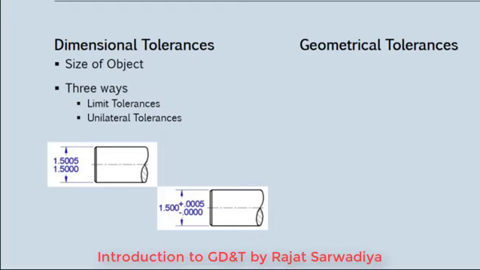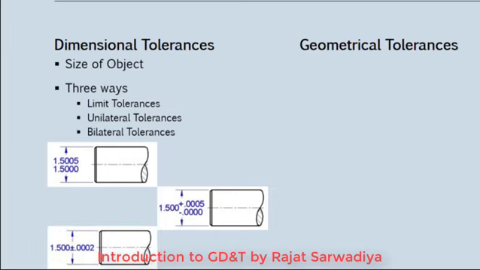And the third way of applying dimensional tolerances is bilateral tolerances. In this case, we will be giving different values to both upper and lower deviation. The values can be the same or different, but yes, the values will be on both the deviations.